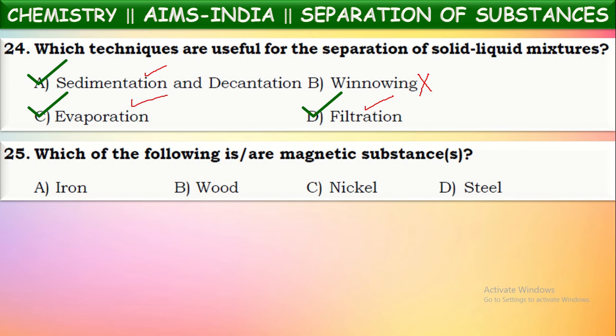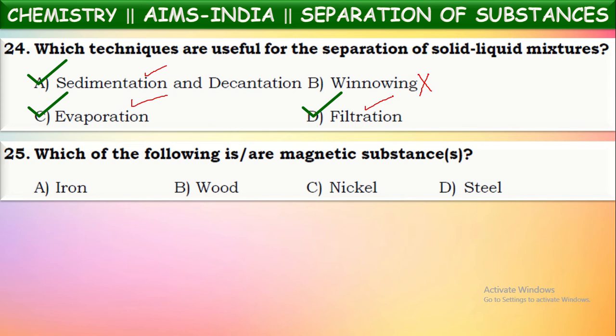Next, which of the following are magnetic substances? The substances which will be attracted by the magnet are called magnetic material. Iron, nickel, steel, chromium, these all will come under magnetic material because they will be attracted towards the magnets. Whereas wood won't be attracted by the magnet, so it is called non-magnetic material.